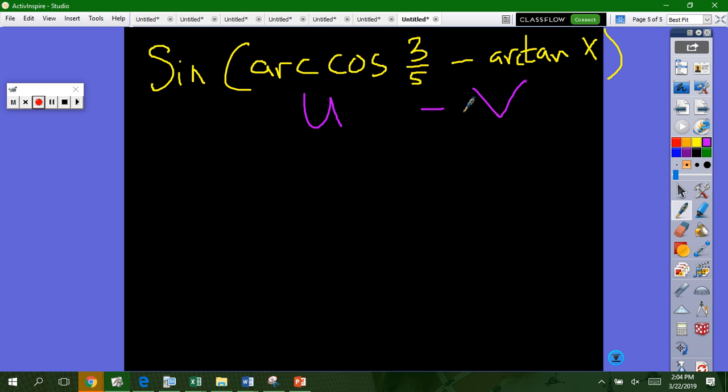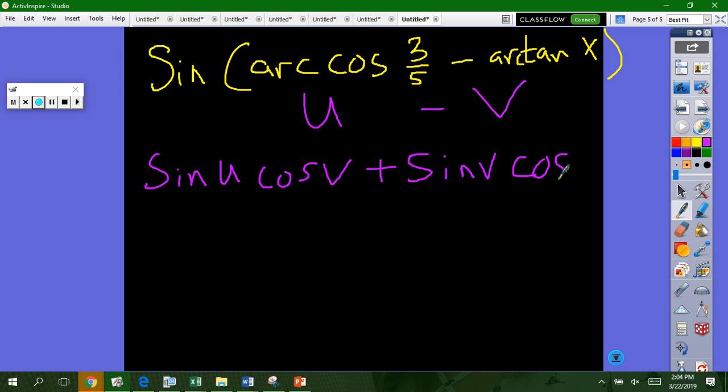So therefore I have sine of u cosine of v plus sine of v cosine of u. Anybody have a question on how I got that? Do I know what the sine of u is yet? No, because I need to build a triangle. This is two different angles, an angle minus an angle. So this is a difference of angles.